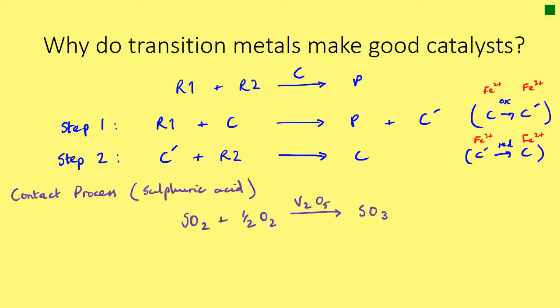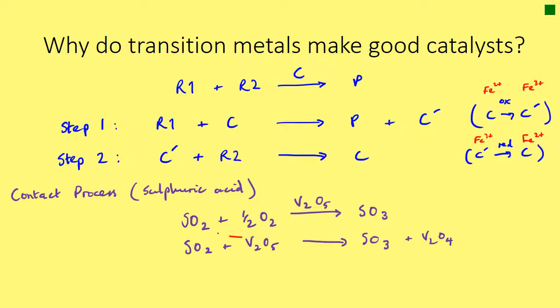That's the catalyst. And the first step would be the sulfur dioxide reacting with the catalyst and making some sulfur trioxide. All right, but the vanadium oxide is changed into V2O4. So switching to red, let's look at the oxidation numbers of our vanadium.